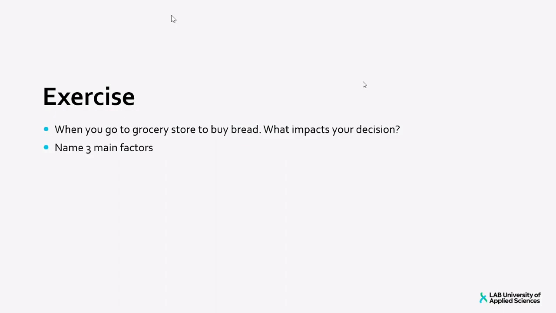I'm actually surprised that you are saying the price. Yes, it's always one of the factors when we are making decisions when we are buying something, but quite often it's not the only criterion impacting our decision making.